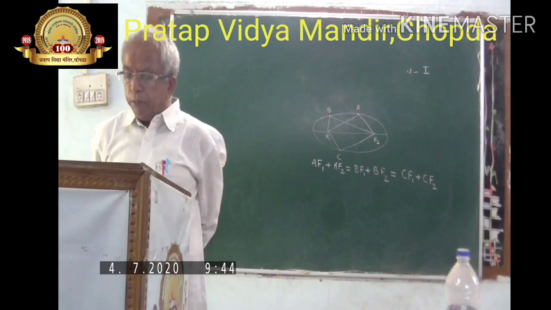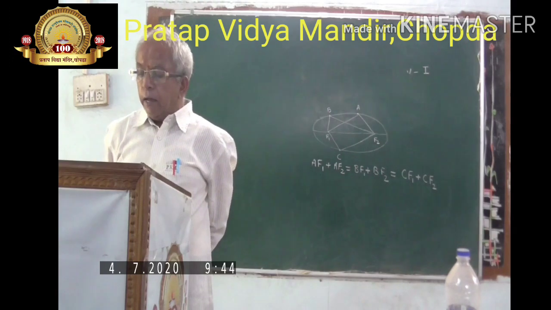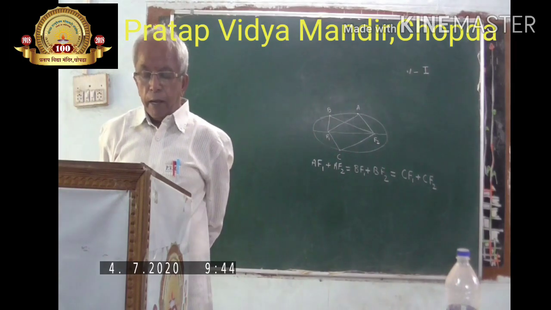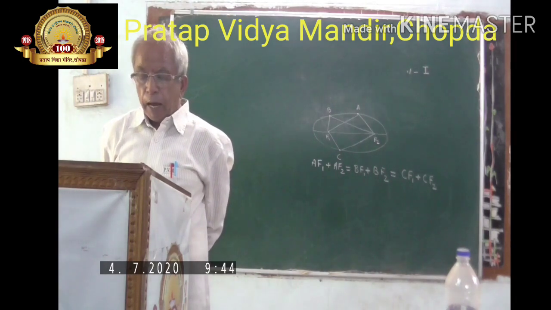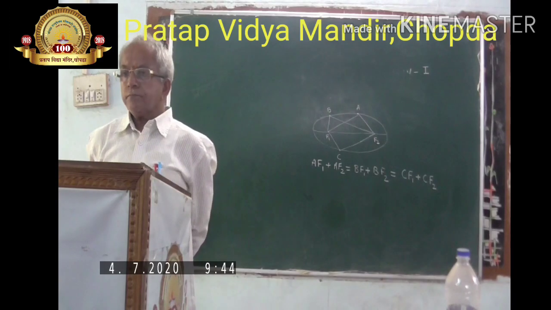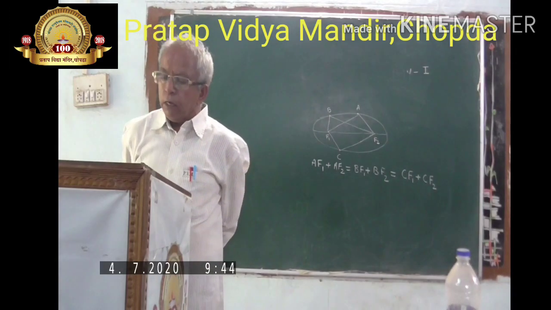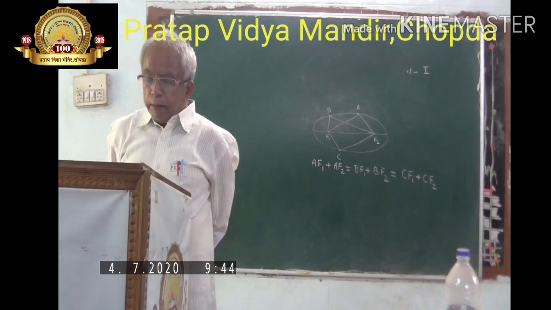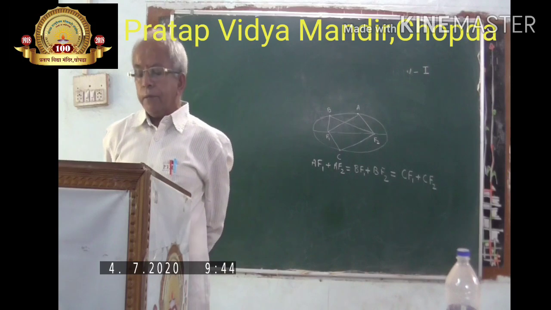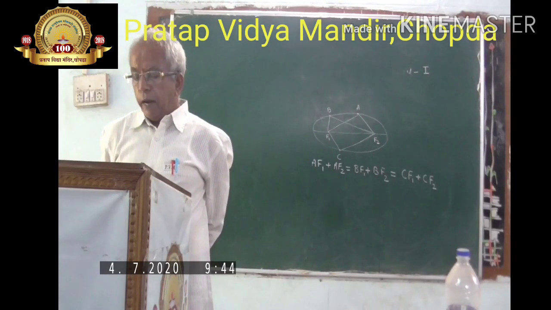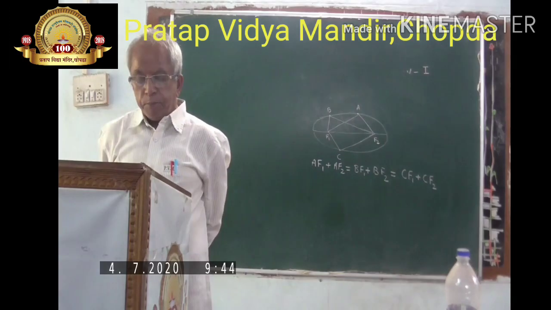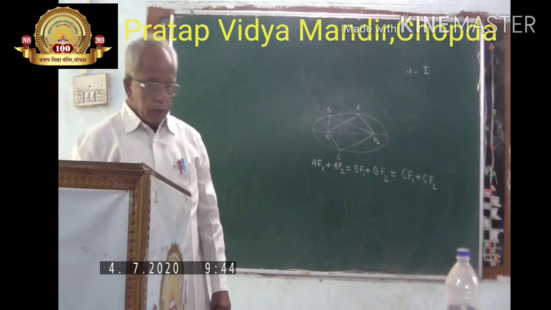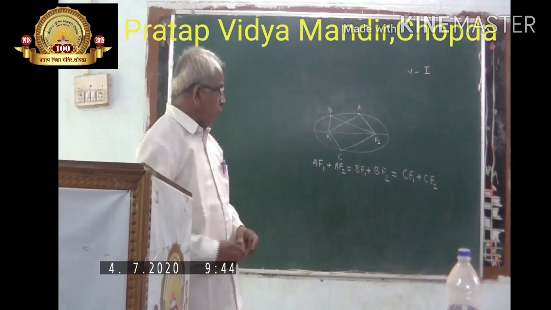Now, actually in figure, area ASB and area CSD are equal. According to third law of Kepler, if R is the average distance of the planet from the sun and T is its period of revolution, then T square is directly proportional to R cube.